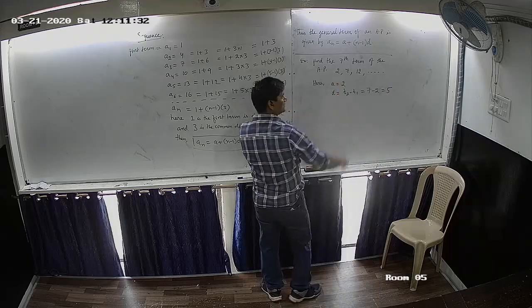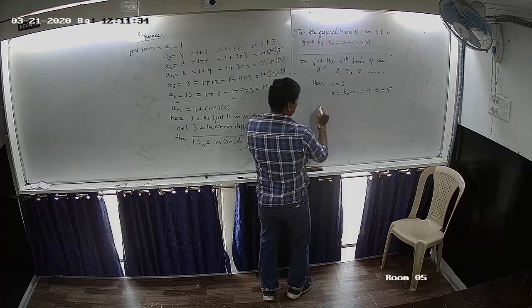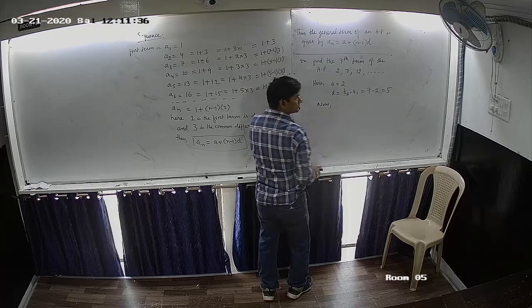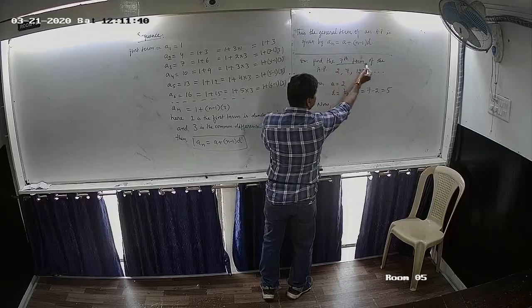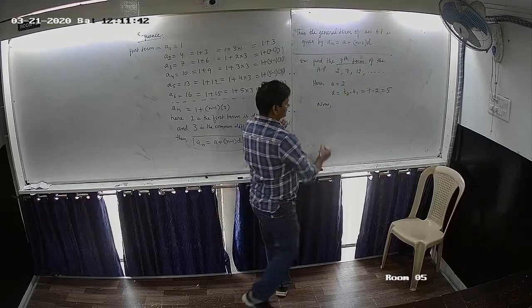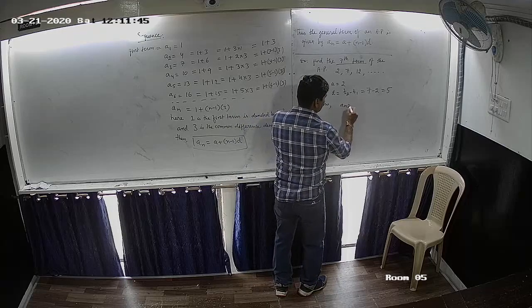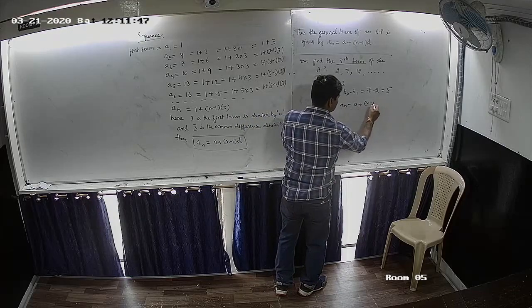2 plus 5 equal to 7. Now, we want to find out the seventh term. Then we know the formula an is equal to a plus n minus 1 into d.